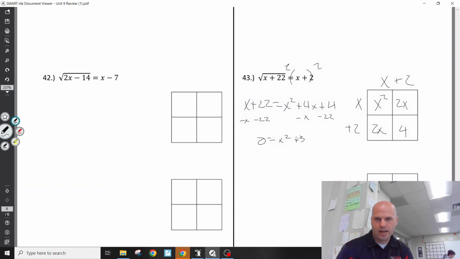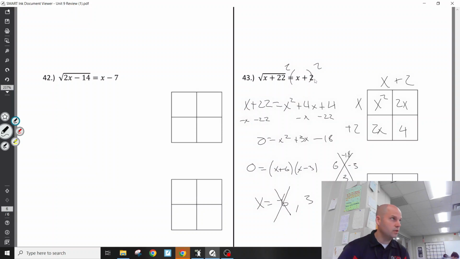I get x squared plus 3x and negative 18. The two numbers that multiply to get negative 18 and add to get 3 are positive 6 and negative 3. So x plus 6, x minus 3, giving me solutions negative 6, positive 3. Negative 6 is extraneous. Negative 6 plus 2 is negative 4. You can't have a square root equal to a negative.